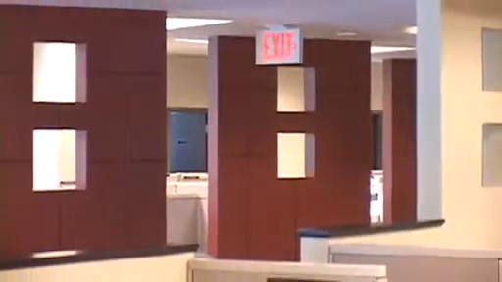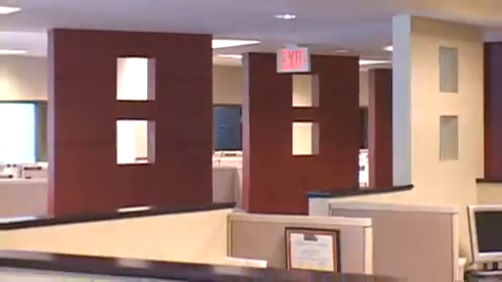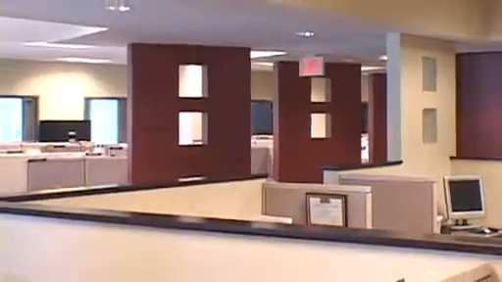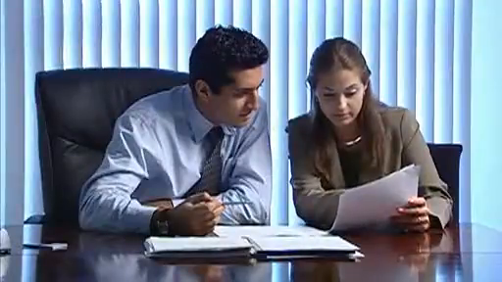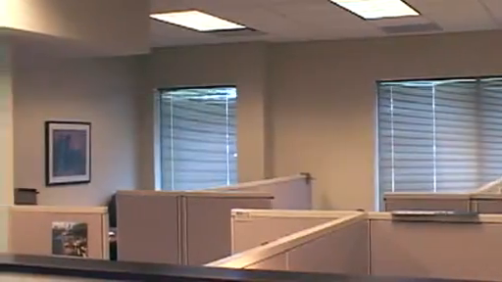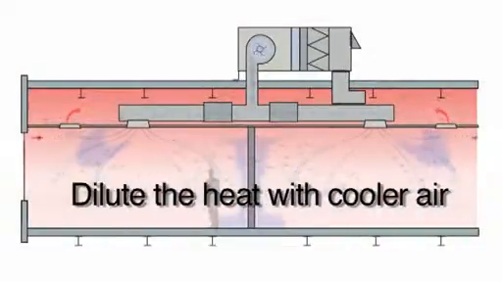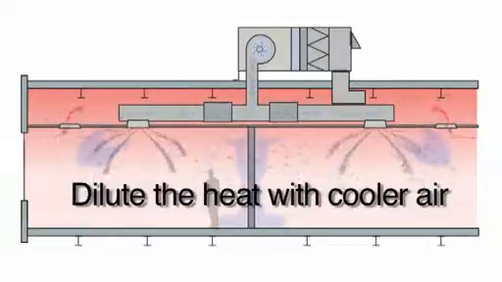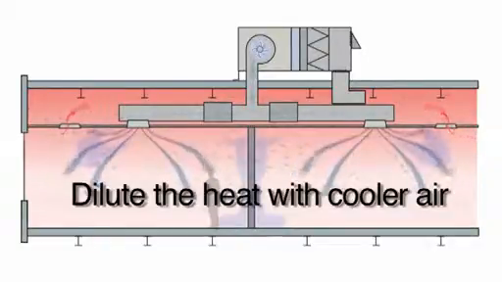These systems push large amounts of conditioned air into the existing occupied airspace that is being heated by people, electronics, lights, exterior walls, etc. The job of a mixing system is to dilute that heat back into the space with enough cooler air to maintain the desired space temperature.